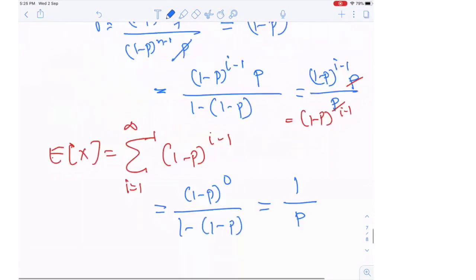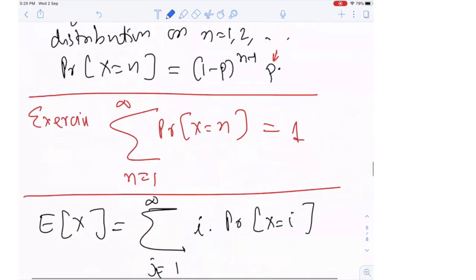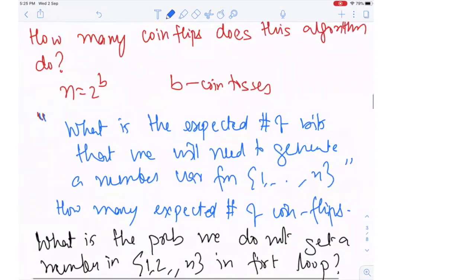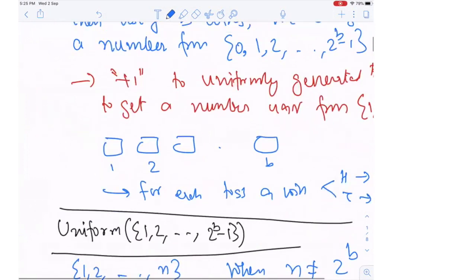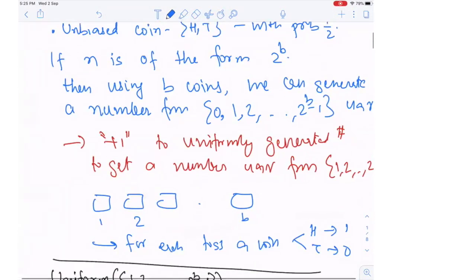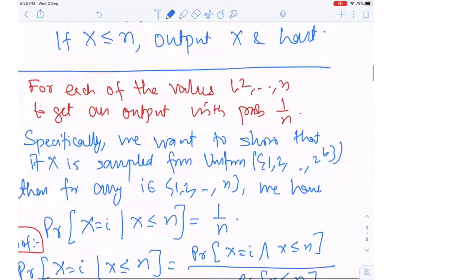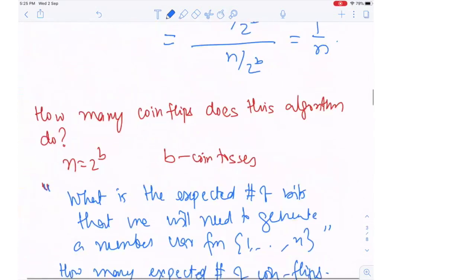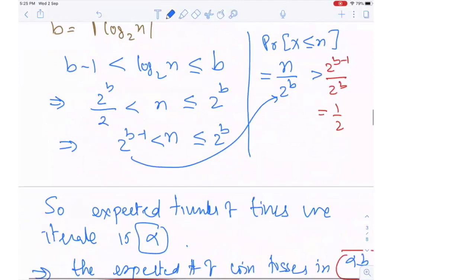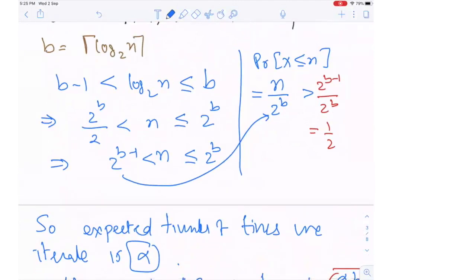Now, if we go back to our example, or from where we took this digression, what did we show? That look, the probability that you will fail, 1 minus p, is less than or equal to half, or p is greater than half.